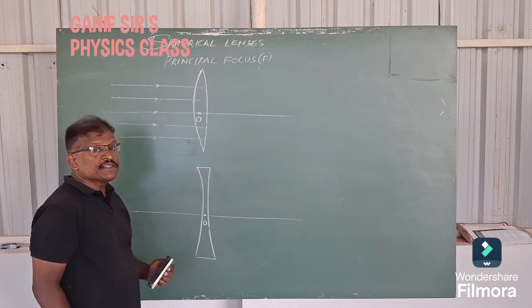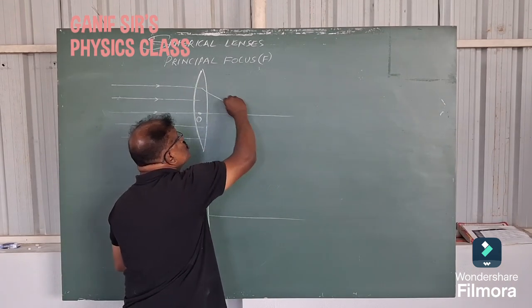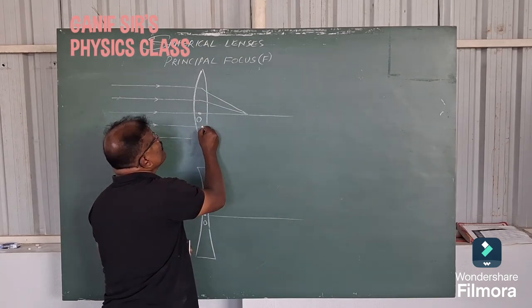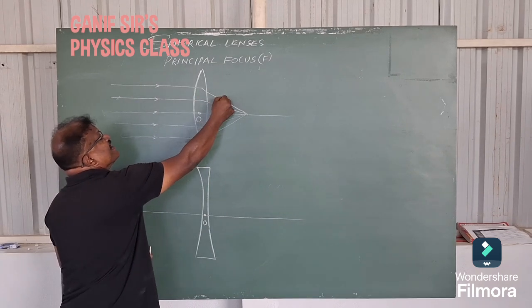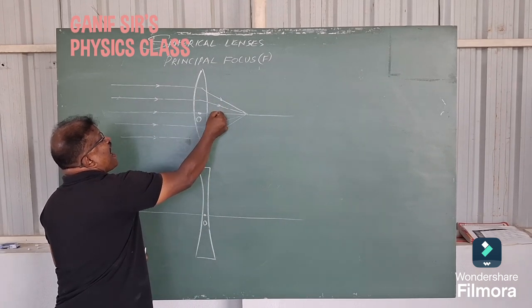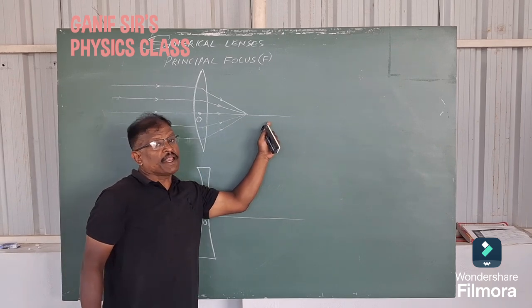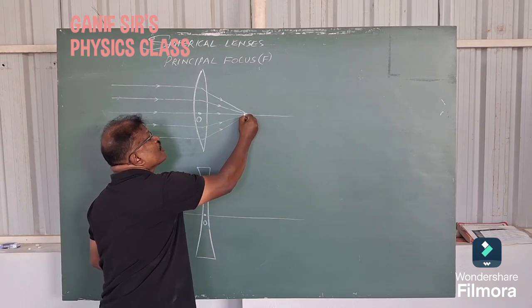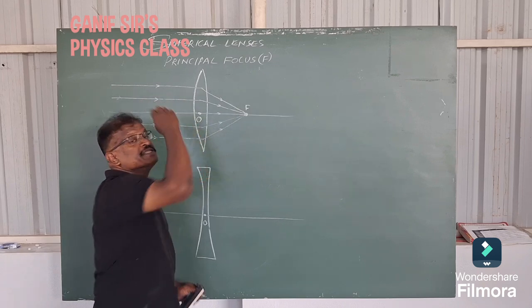After refraction, all the rays converge to a single point on the principal axis. And that point where all the rays converge is known as the principal focus.